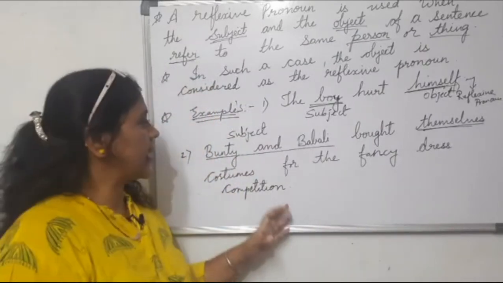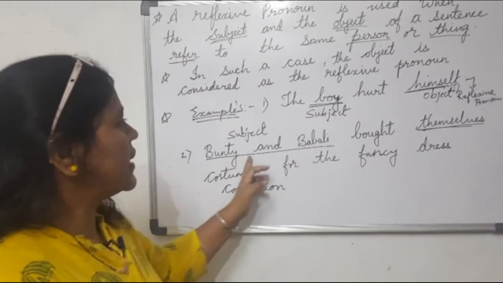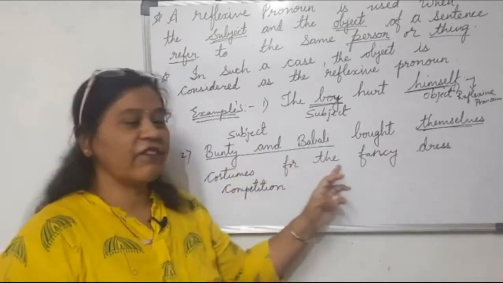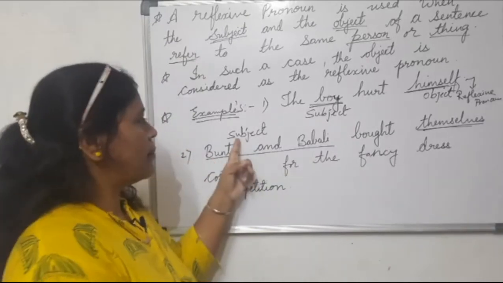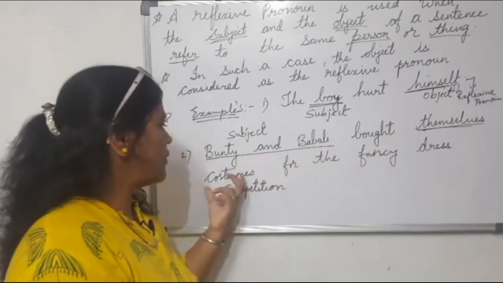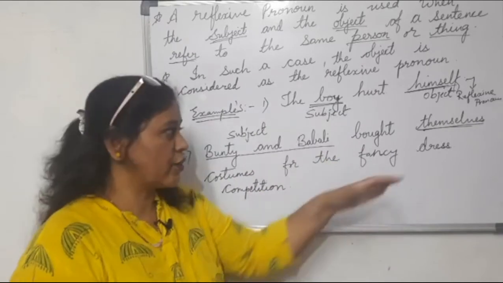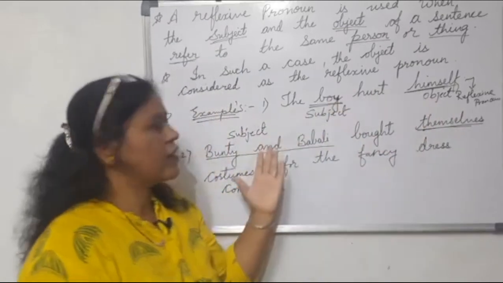Now the second example, my dear friends and students: Bunty and Bubbly brought themselves costumes for the fancy dress competition. Here Bunty and Bubbly are the subject of the sentence, and themselves is a reflexive pronoun because it refers to Bunty and Bubbly.